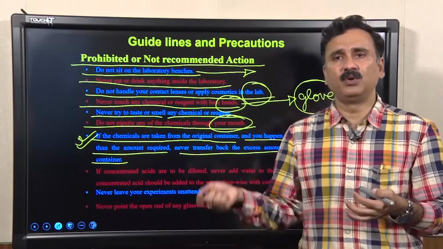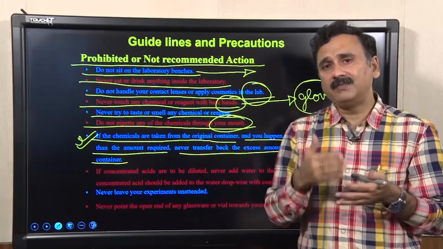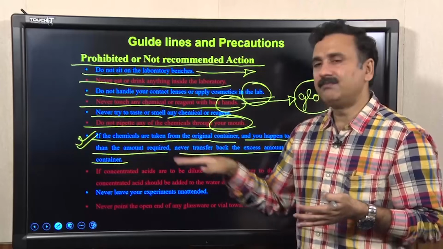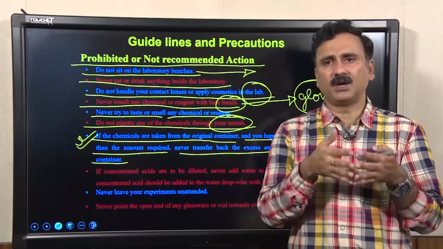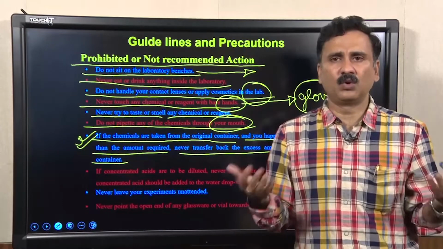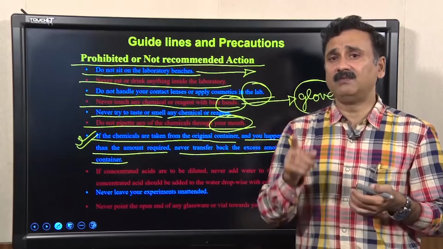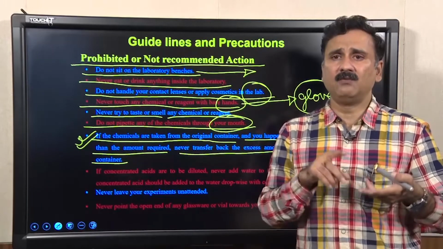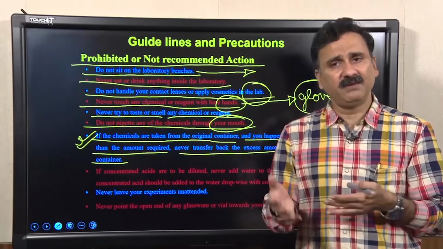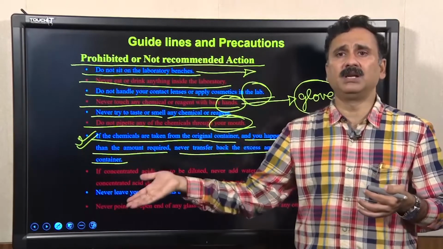So, you cannot just put that 20 mg back to the original stock. That depends on the cost of that particular chemical. So, in case the cost is very low and you can bear that, you can throw the 20 mg of that compound away, then it is fine. Otherwise, if it is very costly and you want to save that particular chemical, then you should not put that into the original container.